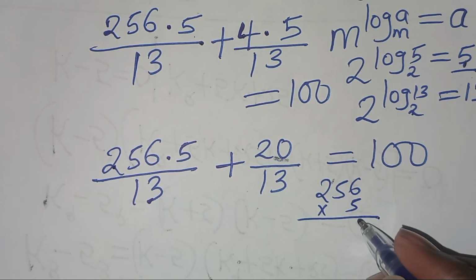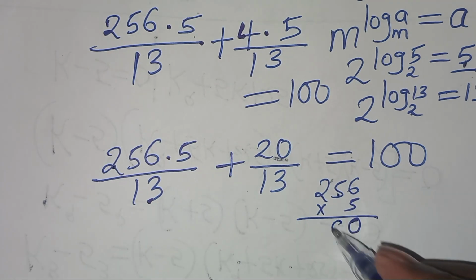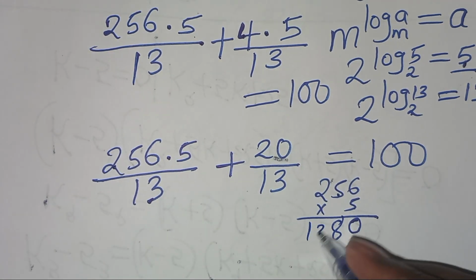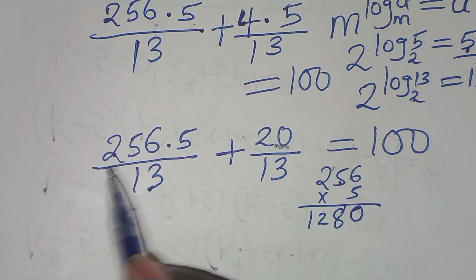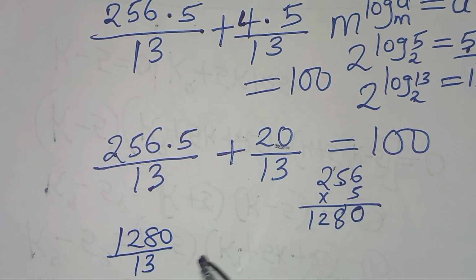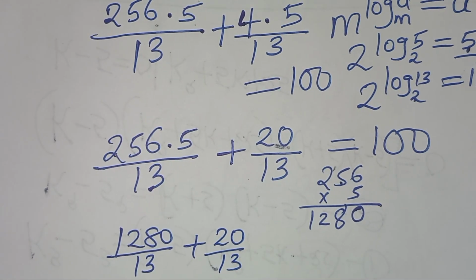So this is 6 times 5, this is 30, 0 carry 3, 5 times 5, 25 plus 3, 28, carry 2, then 5 times 2, that is 10 plus 2, 1280. So here we'll have 1280 divided by 13 plus 20 divided by 13.